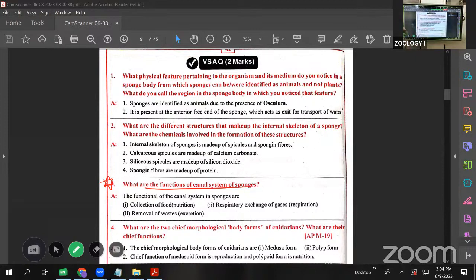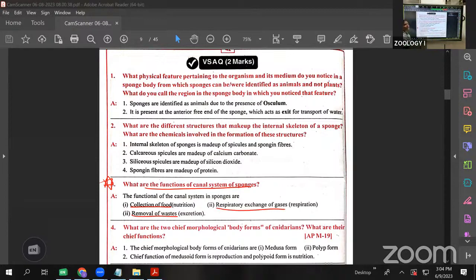In the sponges, the canal system is mainly helpful for the collection of food. The second one is the removal of waste, excretion, and the respiratory exchange.